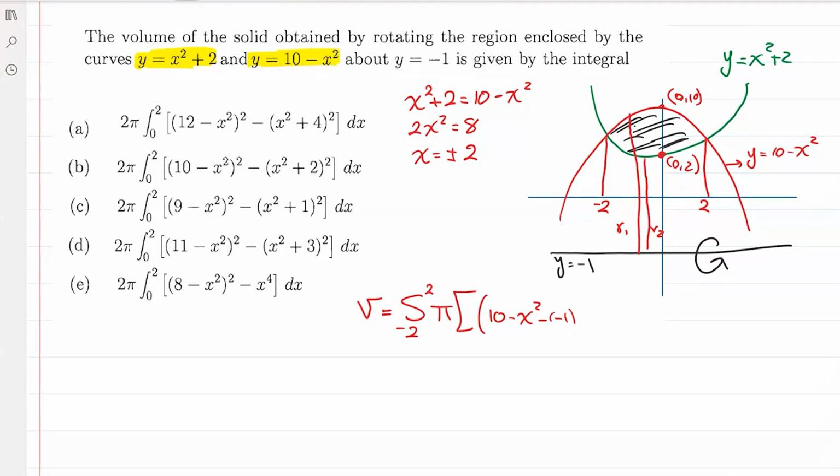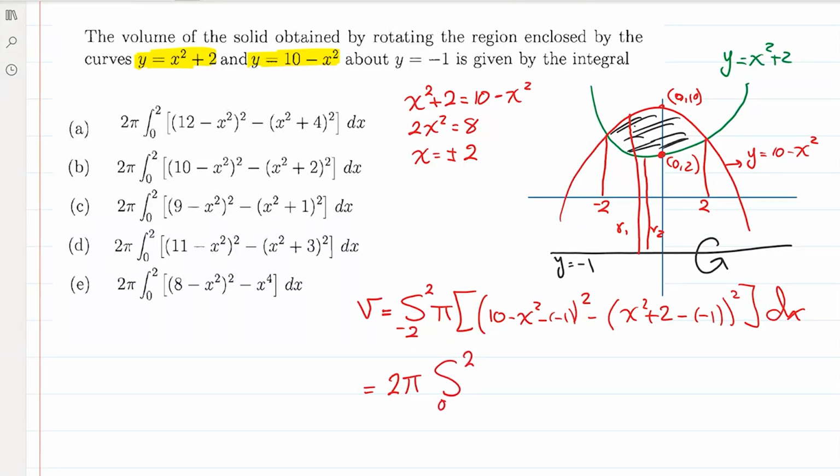Minus the smaller radius, which will be the lower curve, x square plus 2 minus -1, squared, dx. Now if you simplify it, the integral from -2 to 2 you can write as 2 times the integral from 0 to 2, and take 2 pi outside.